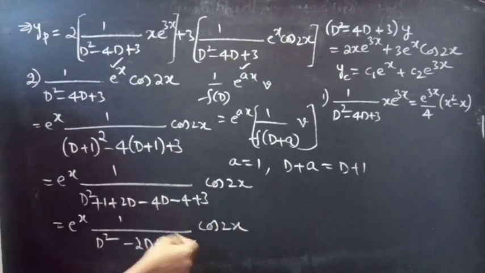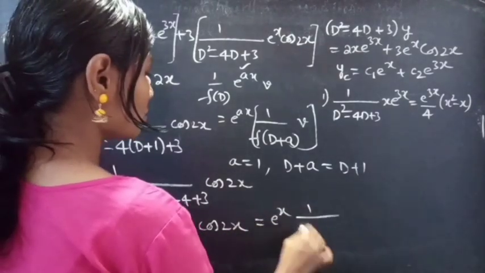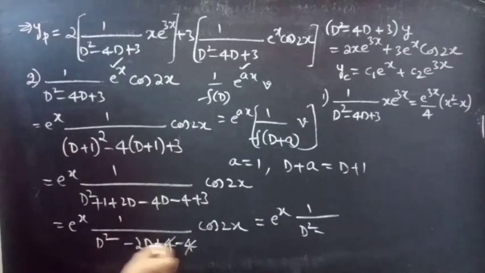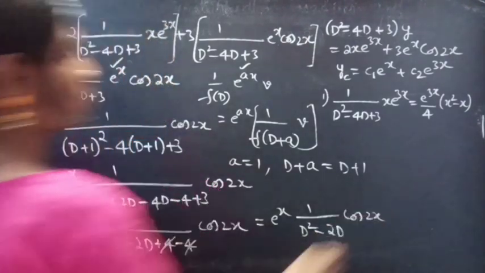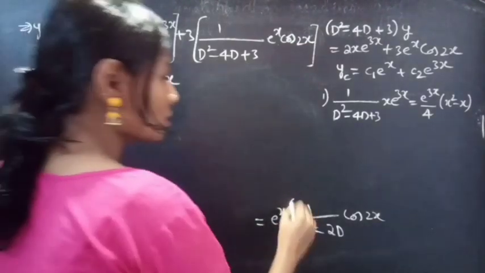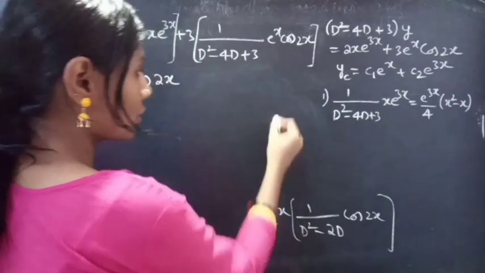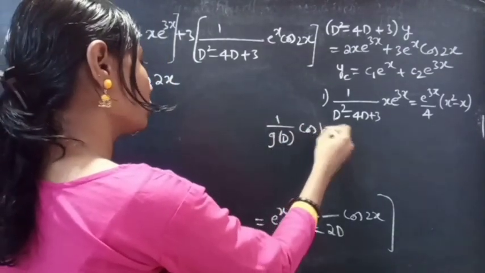Here plus 4 minus 4 gets cancelled, and we'll get e power x into 1 by d square minus 2d into cos 2x. This is of 1 by some function of d into cos bx form, right?